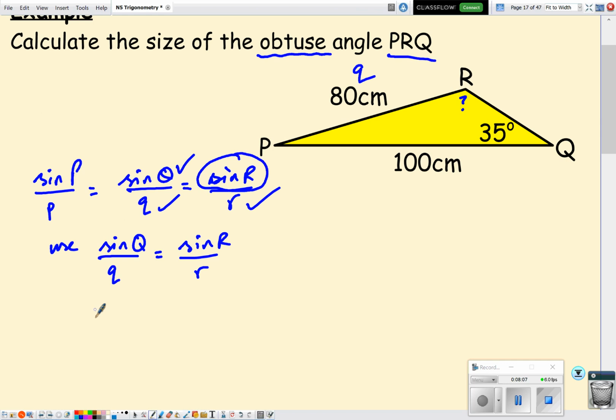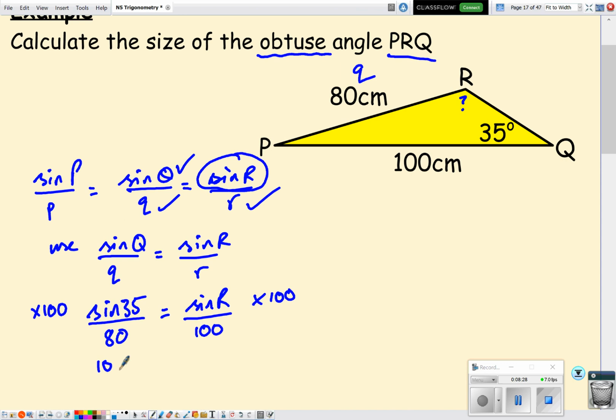Right, let's substitute in the values. So that's sine 35 over 80 equal to sine R, which we're trying to work out, over 100. Multiply both sides through by 100. Get sine R on its own.